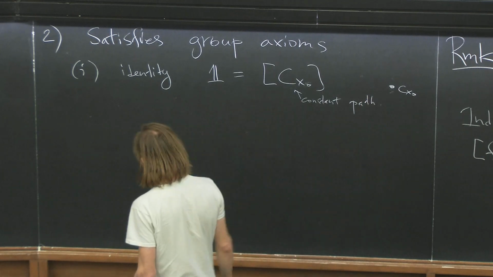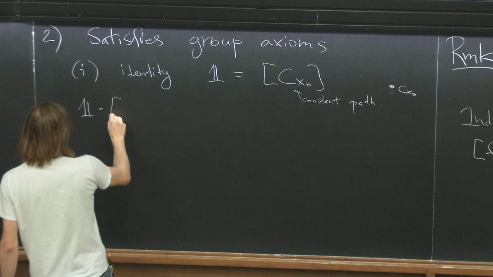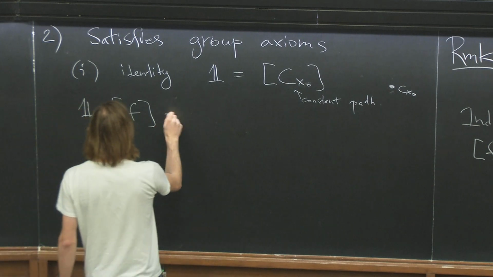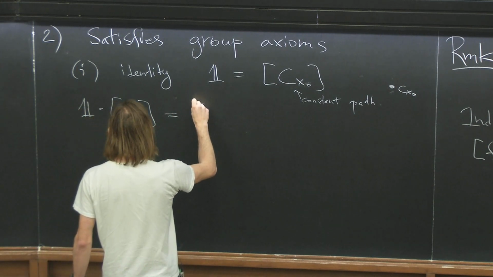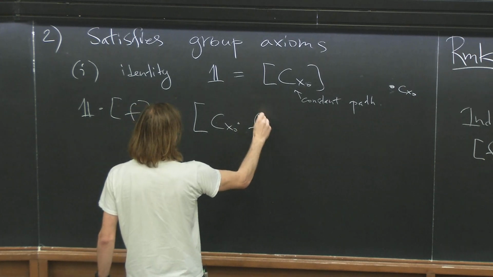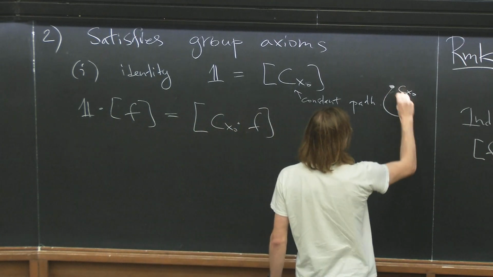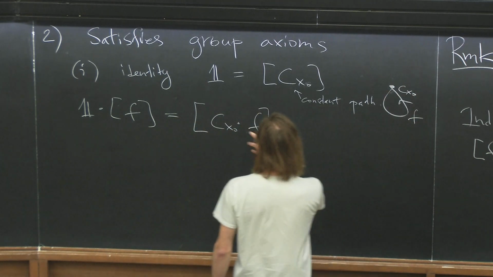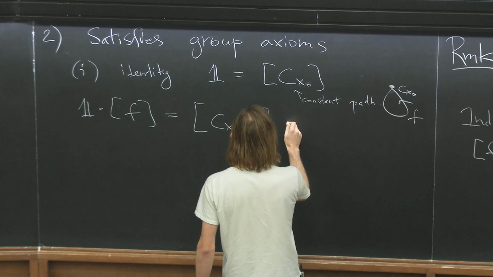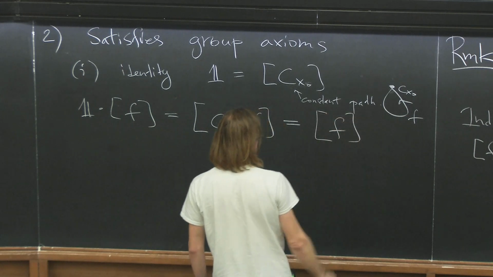And why is this the identity in our group? Let's see. If you take an arbitrary class represented by some f, we use our definition. We need to compose this f with a constant path. But of course, the composition of some path and a constant path is obviously homotopic to the path itself.